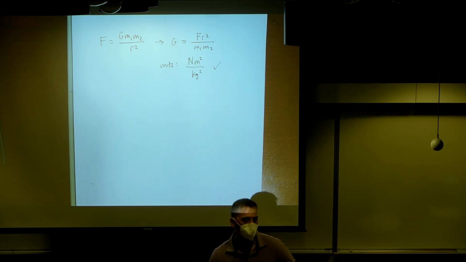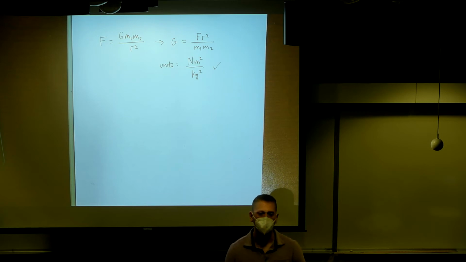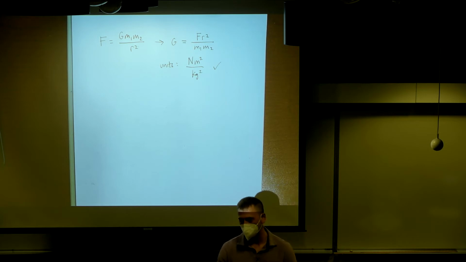But what this number G tells us, again, is how strong gravity is, generally speaking, as a force in our universe. If big G has a larger value, all gravitational attraction gets stronger. If it has a smaller value, it gets weaker.